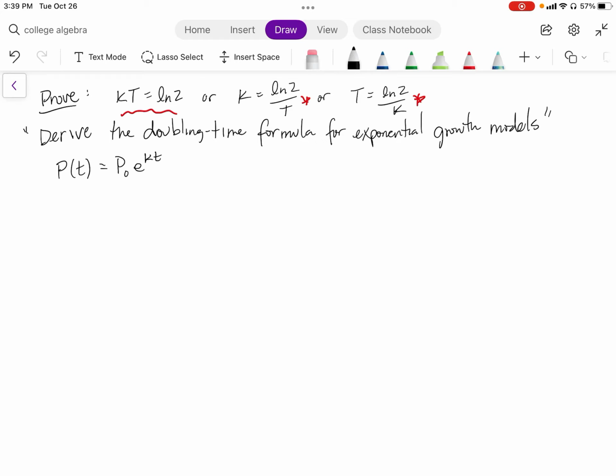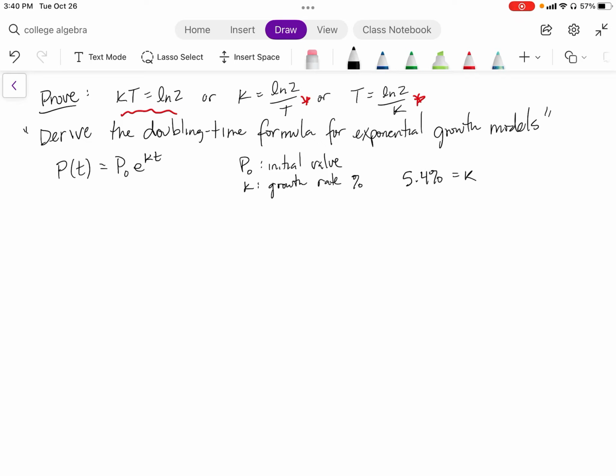It could be population or dollars, whatever problem you're looking at, it's the start. K is the growth rate. So in a percent, we would just change it to a decimal. If something is growing at, say, 5.4%, that would be our K.